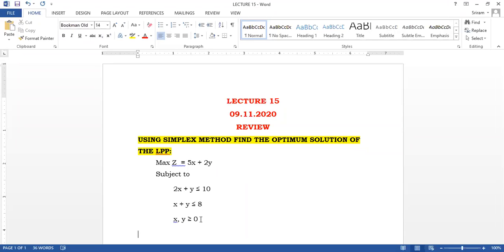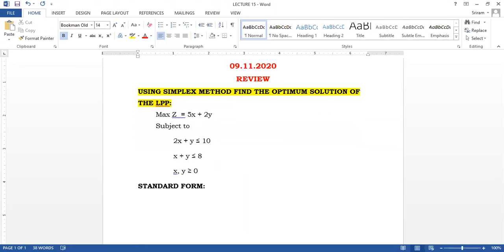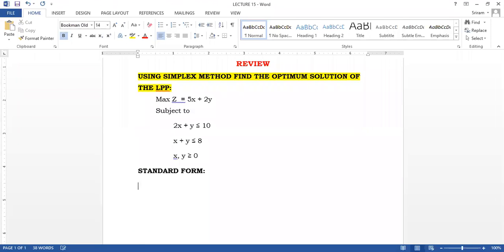First and foremost thing, we are going to write the LPP in standard form. The meaning of standard form: first I am going to check my objective function. Our objective function is maximum z.